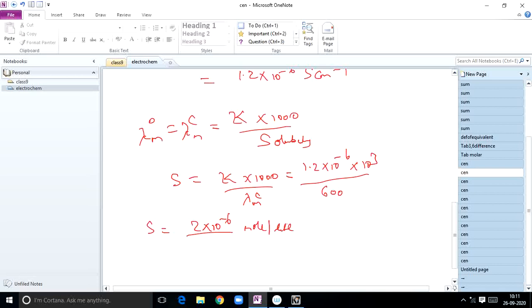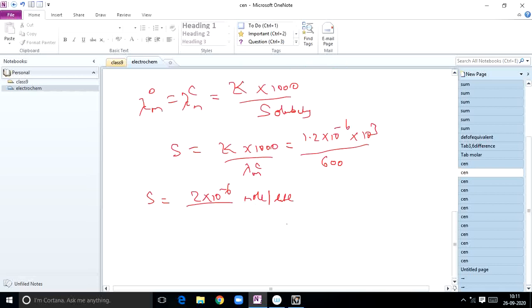Now how to calculate the solubility product, as I said. First take the complex Co2 Fe(CN)6. If you dissolve it in aqueous medium it splits into 2 Co2+ plus Fe(CN)6 4-. These are the ions.